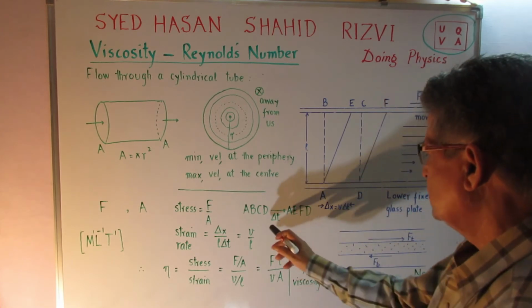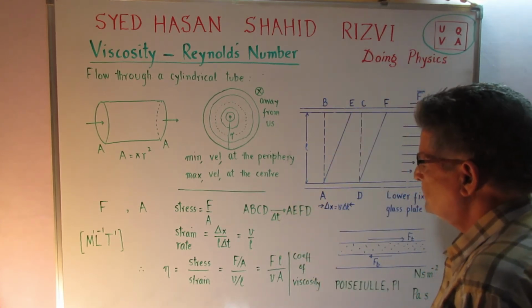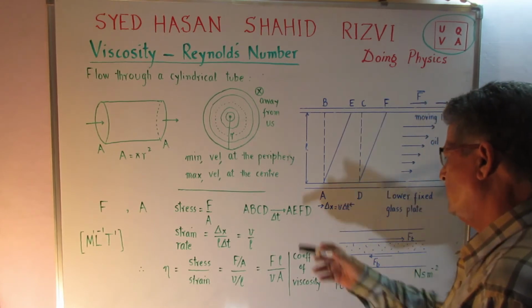So if delta t is less, there will be less deformation, and if delta t is more, there will be more deformation.